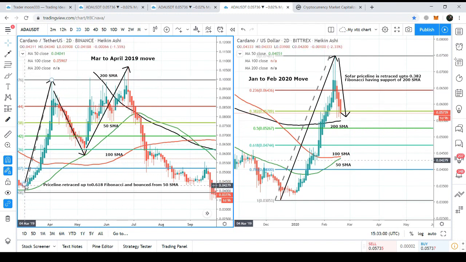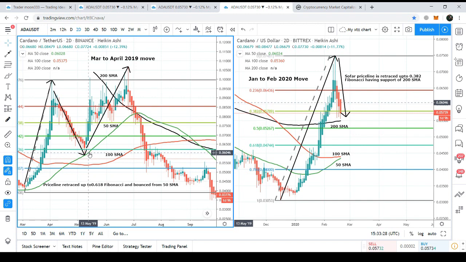Here we can see that when the bullish rally started, there was no price correction move. And once the price correction move started, it retraced up to 0.618 Fibonacci, which is a very ideal retracement from the point of view of professional traders. This retracement is very ideal for trading.